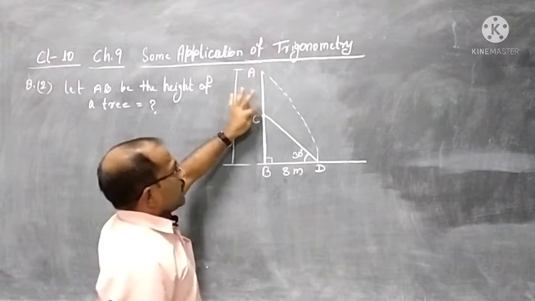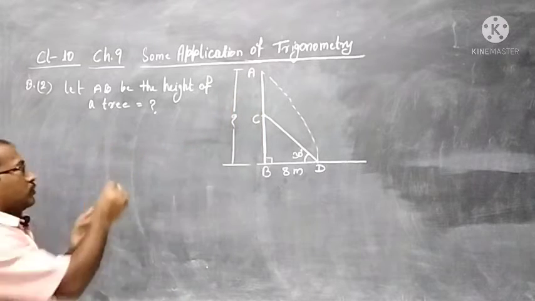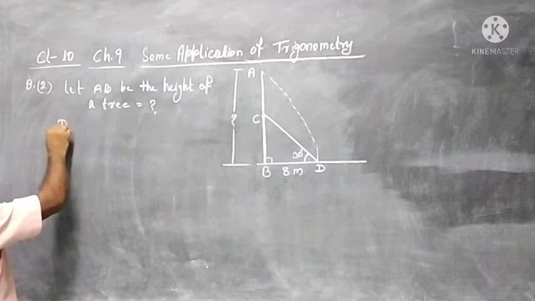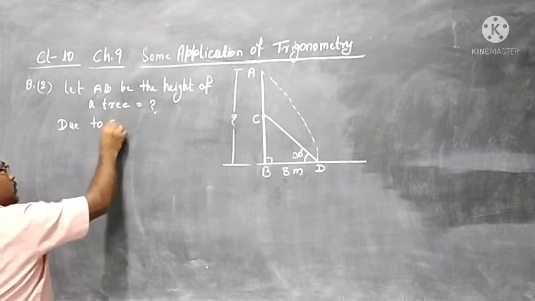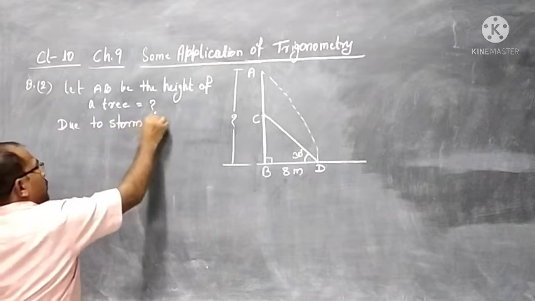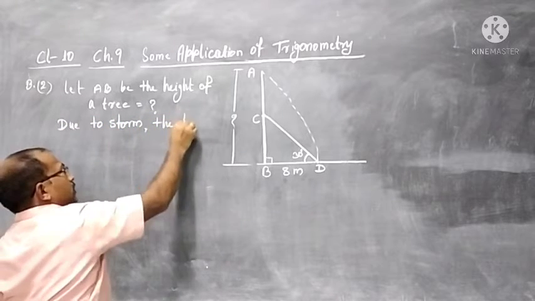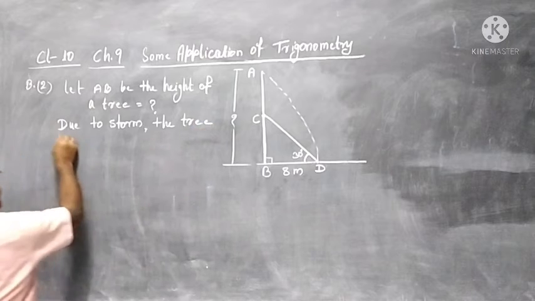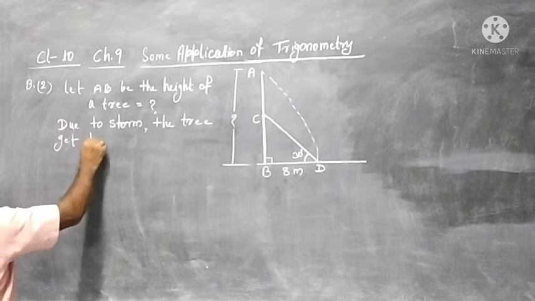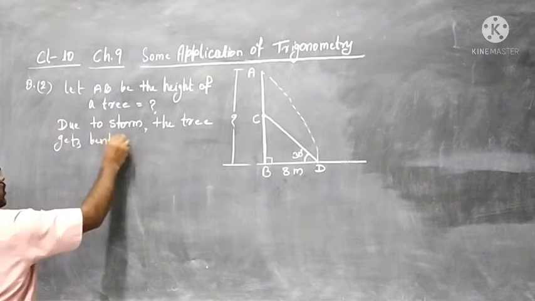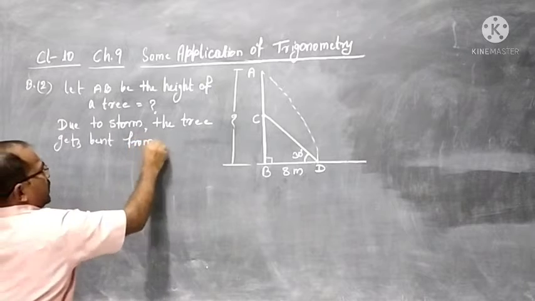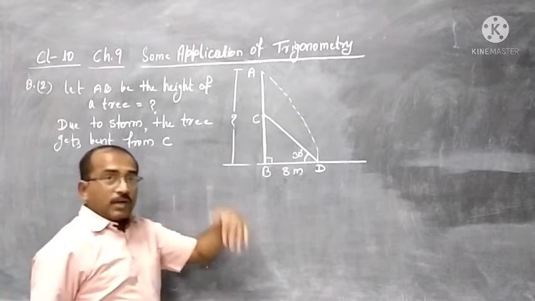Due to a storm, the tree gets bent from C. So, we will write that due to storm the tree gets bent from C.